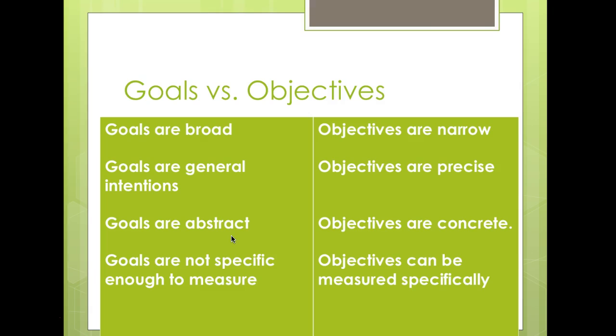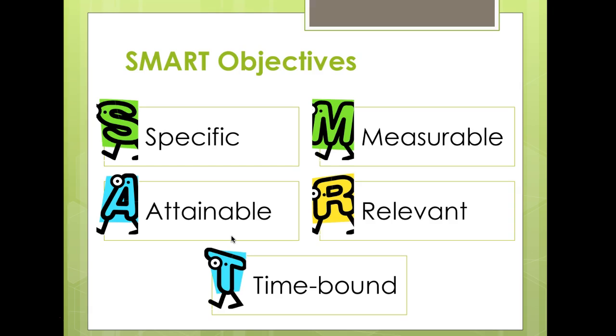They give you a direction that you want to go. They're sort of abstract. They're not very concrete and not specific enough to measure. Whereas objectives are narrow. They have a clear focus. They are precise. They are concrete, and they can be measured specifically. And that has a lot to do with those magic verbs that we were looking at.